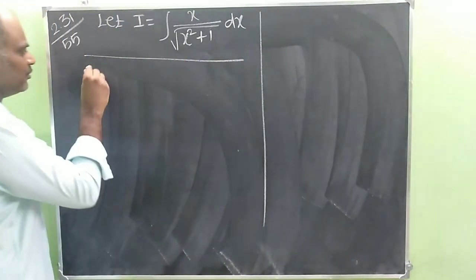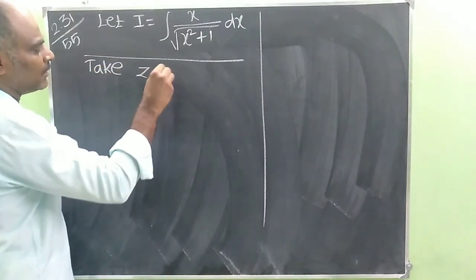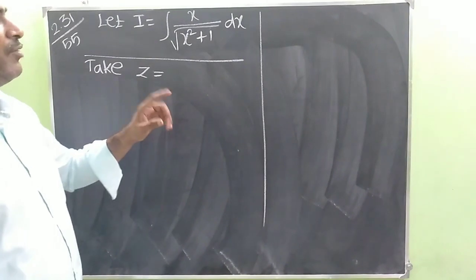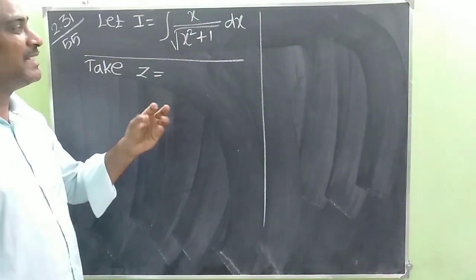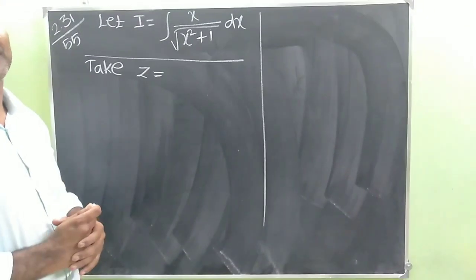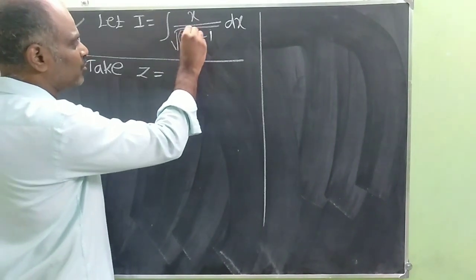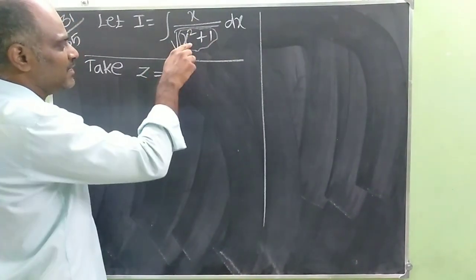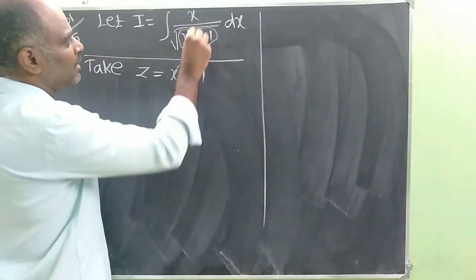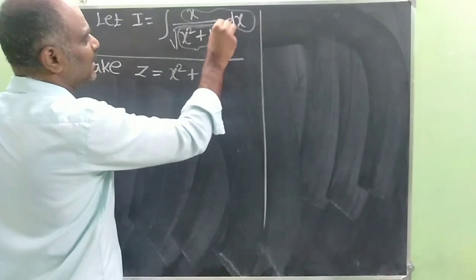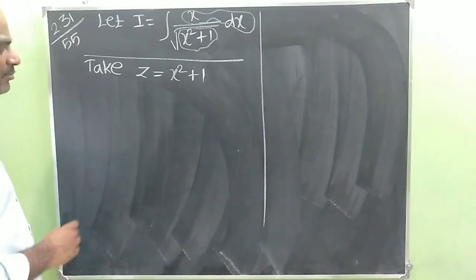Take z equal to, already I told you, our choice is inside the square root or inside the higher order term. Here inside the square root term is x squared plus 1. So we can choose x squared plus 1. Then x dx just changes into dz.